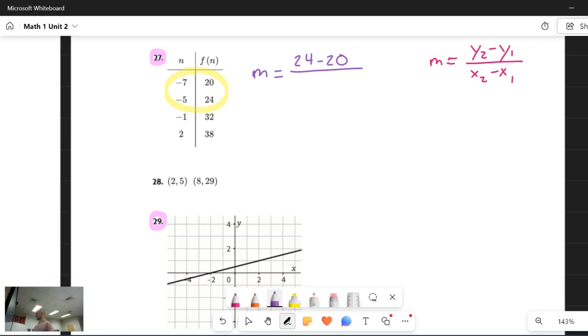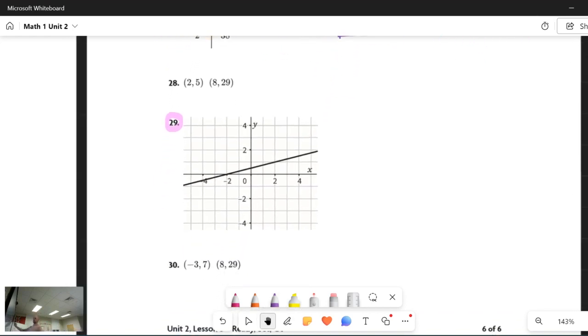If we chose 24, we better choose -5 because that's what's attached to it. So we get -5 minus a -7, which gives us a +7. And then we solve, and we get 4 over +2, which is going to ultimately simplify into 2. And that's all that we're being asked there, so I'm not going to go through too much with that.